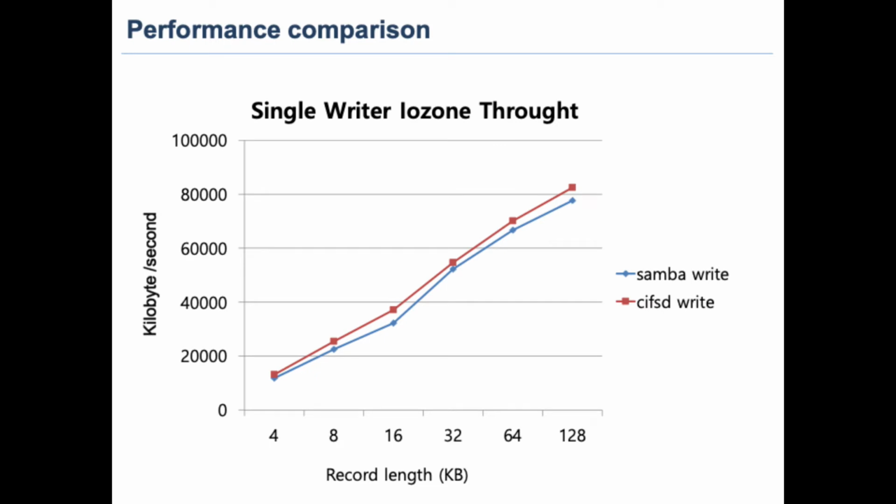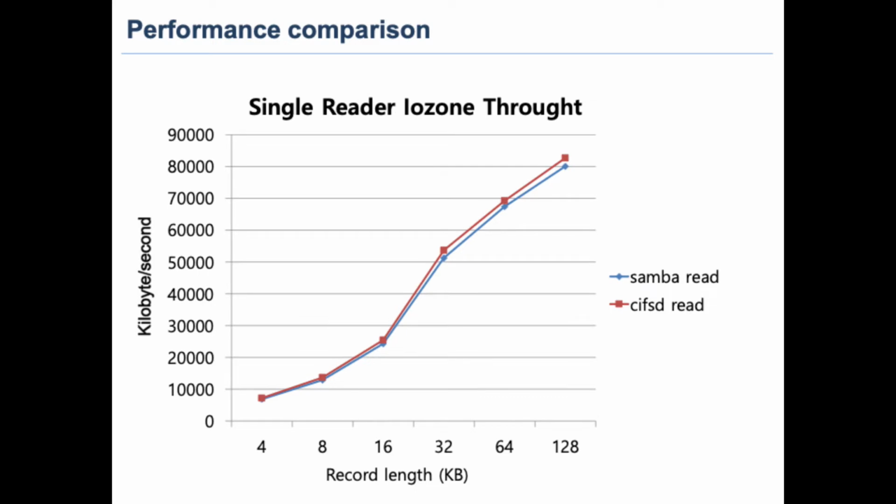This is the single writer IOzone result. It showed that cifsd was 4 to 10% faster. As a result of the single reader IOzone, cifsd was estimated to perform 2 to 5% faster overall.